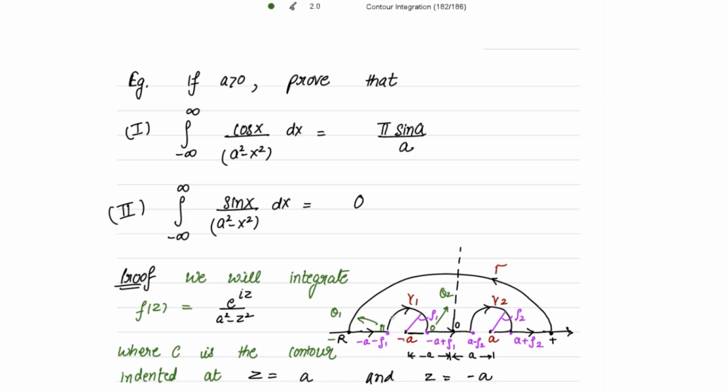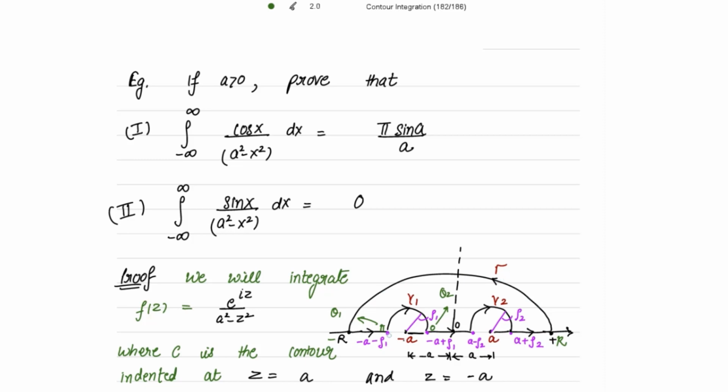The curve is in the clockwise direction, so the first angle is pi and the second angle is 0. This is minus r and this is plus r, where r is the radius of the bigger semicircle tau.